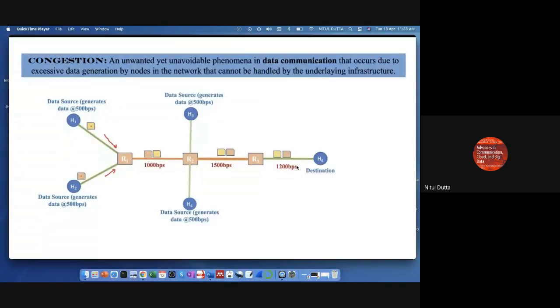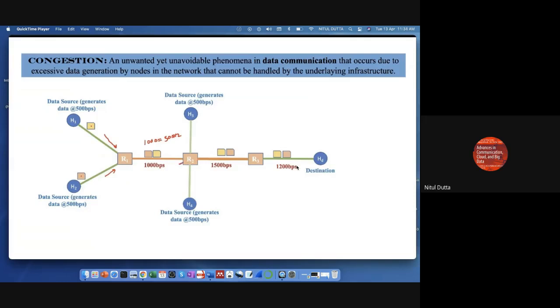When both packets arrive at R1, it will forward them to R2 using the connected link, which is 1000 bps. The total bits here is 1000, because two packets are transmitting, which is 500 multiplied by 2. So the capacity of the link and the size of the packets is the same, and these two packets will be transmitted to R2.